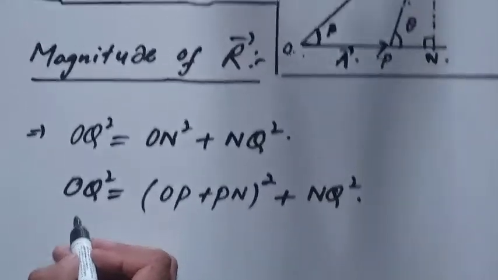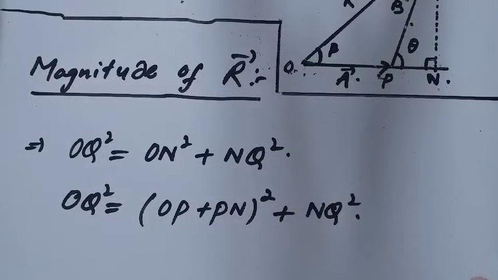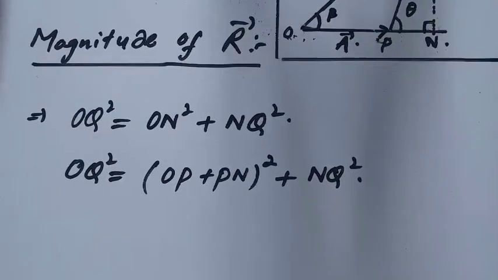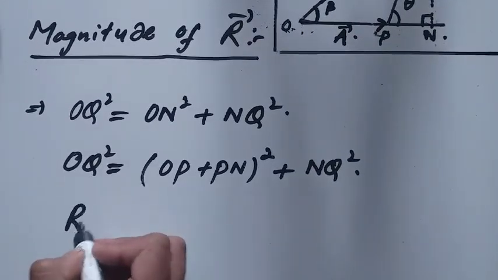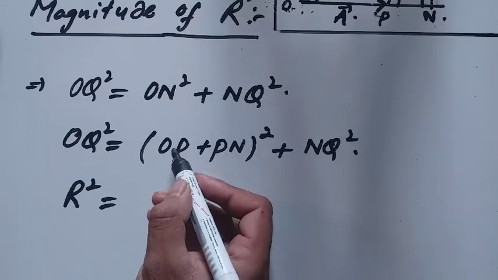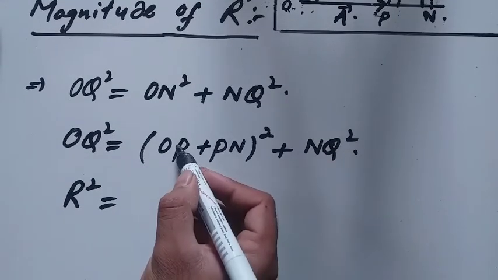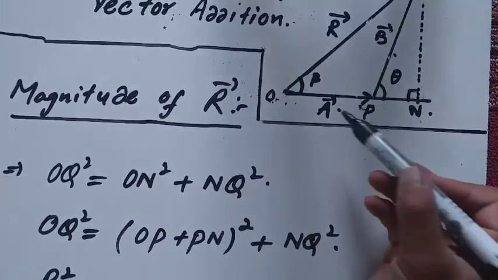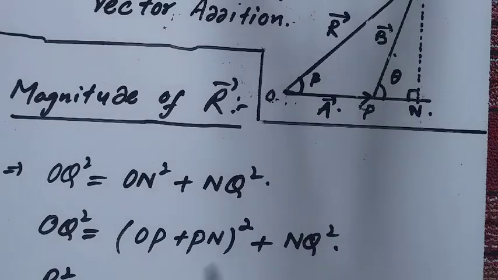Now this OQ square is our resultant, that is R square. Now I can write R square is equal to, see here, this OP is equal to A vector.